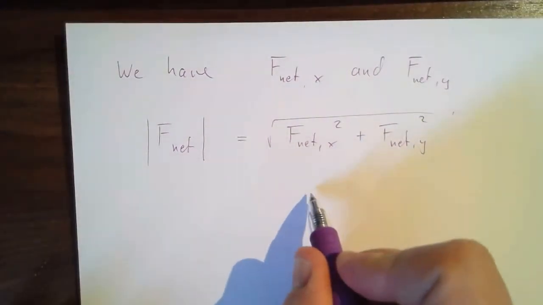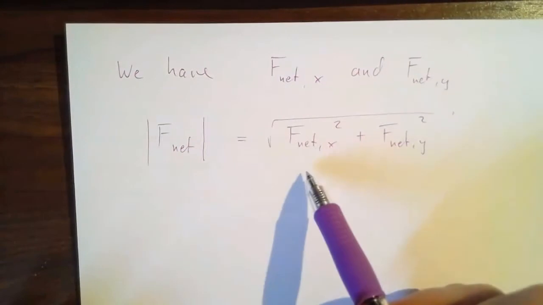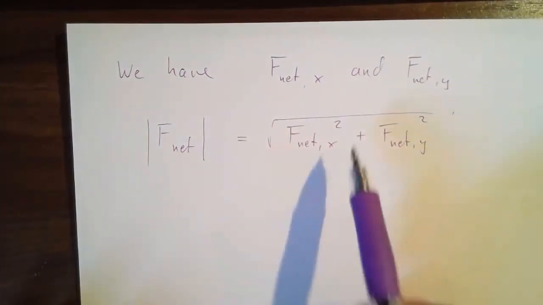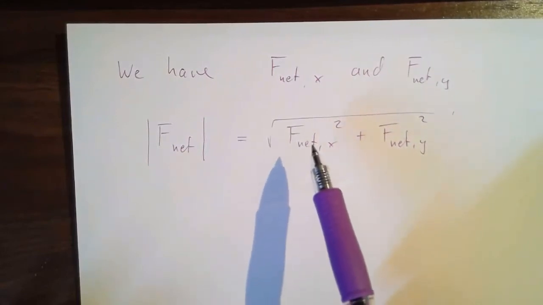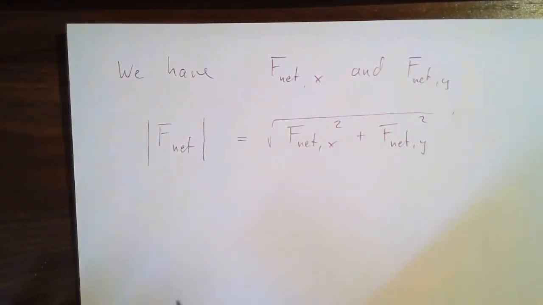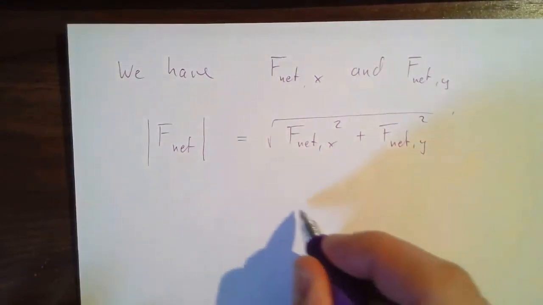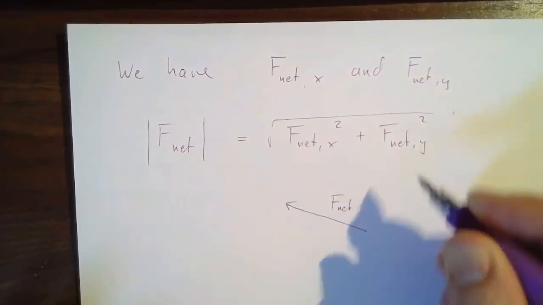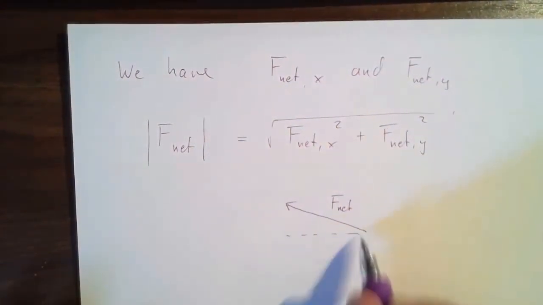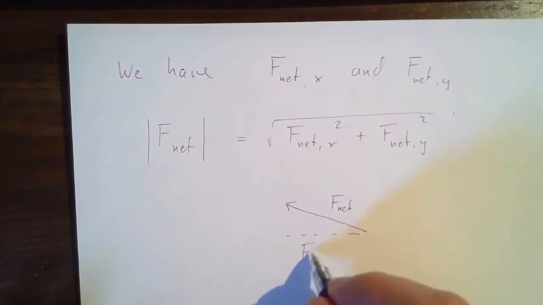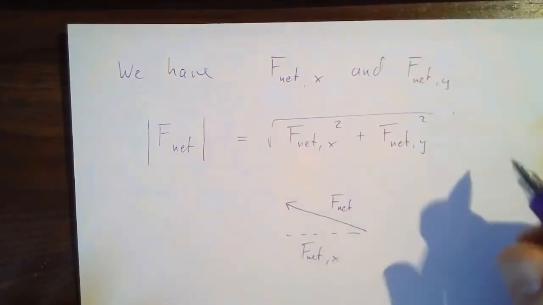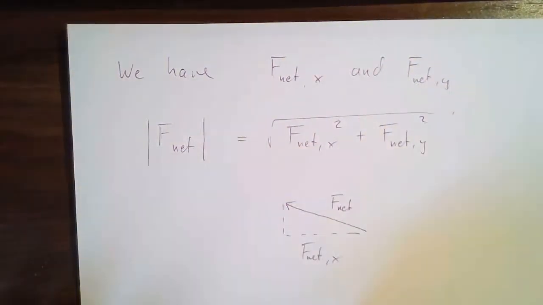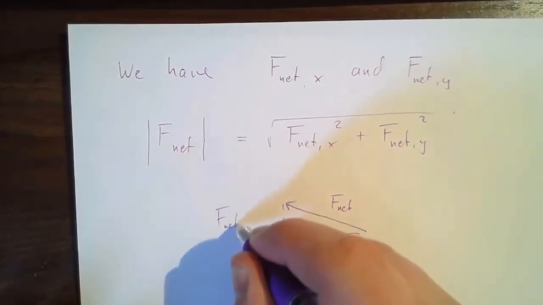It's going to be something like, this is a little bit to the left, this is up or down. To get the net force, I again use Pythagoras. So if it looks something like this, this is F net x, and this is F net y.